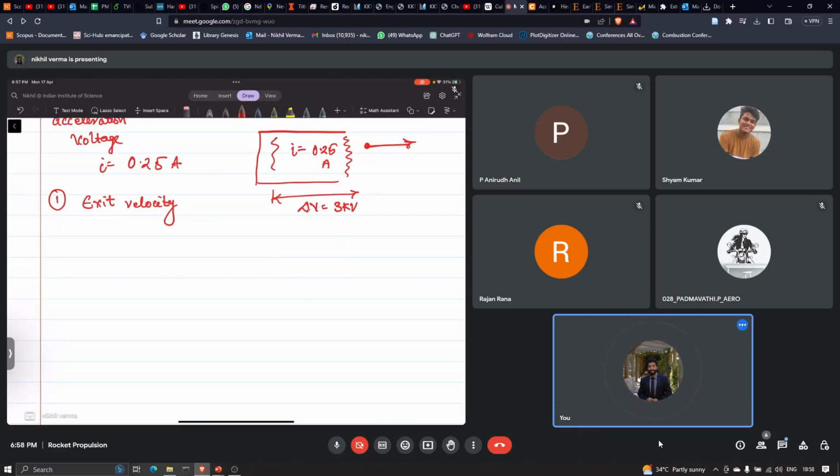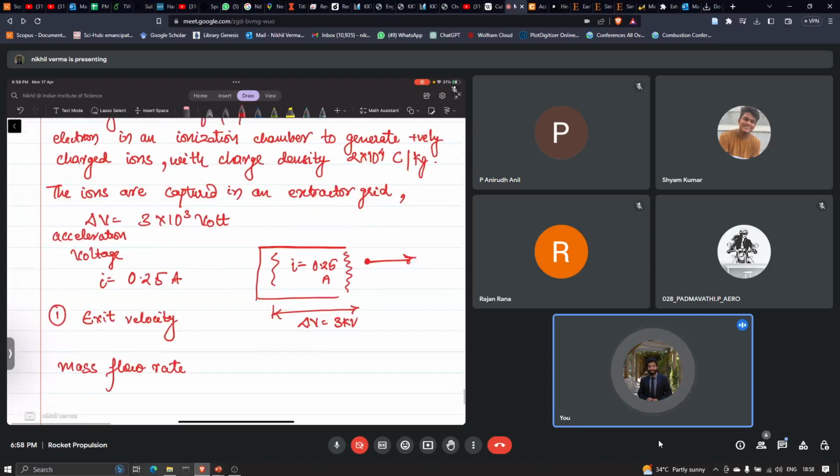So first of all we have to calculate the exit velocity, for which we can calculate the mass flow rate. I hope this problem is clear, right?